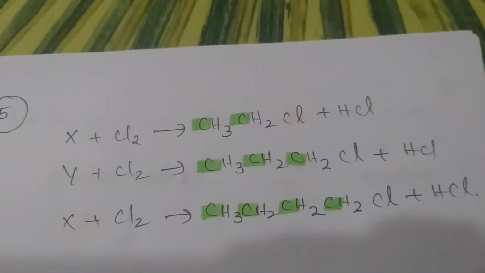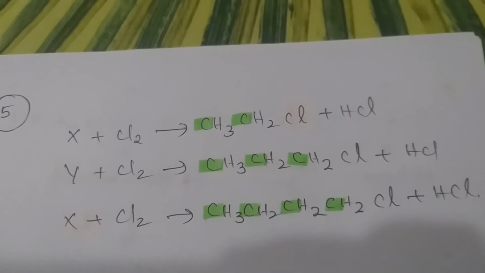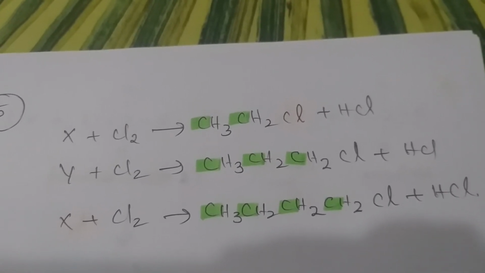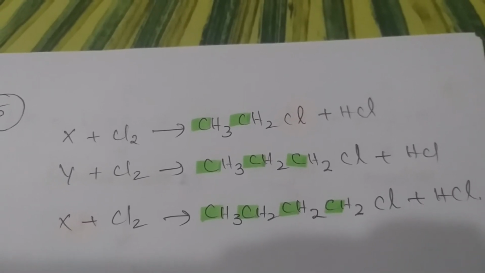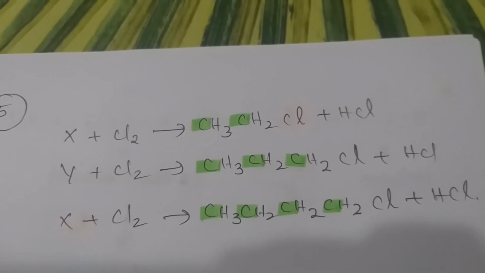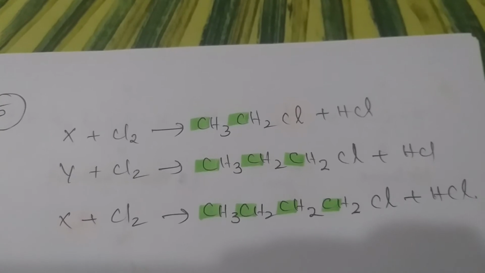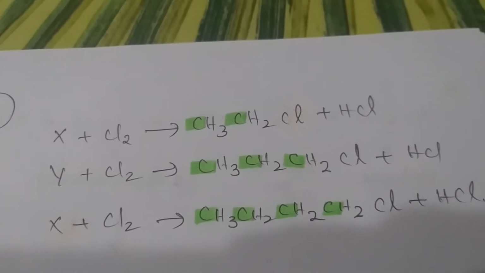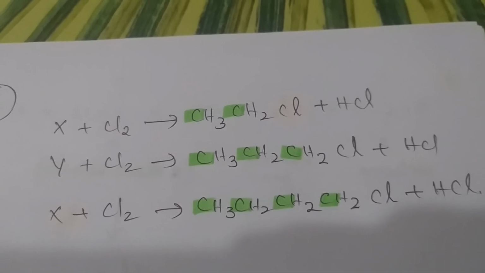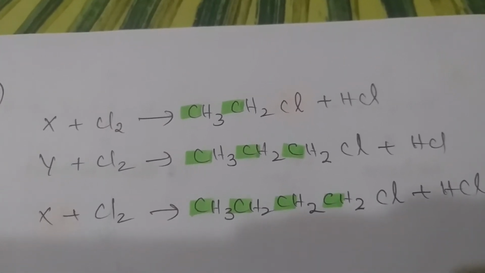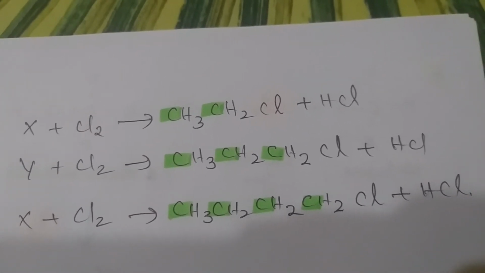Question number 5 is similar to question number 4. The difference is you're asked to find the alkanes X, Y, and Z. What is alkane X, what is alkane Y, what is alkane Z? If you follow the same method as in question number 4, the products are given here.